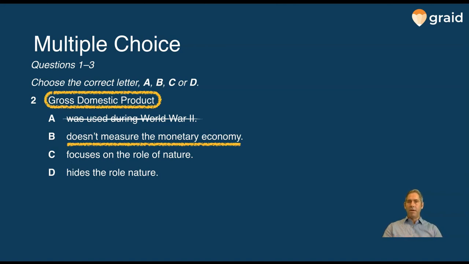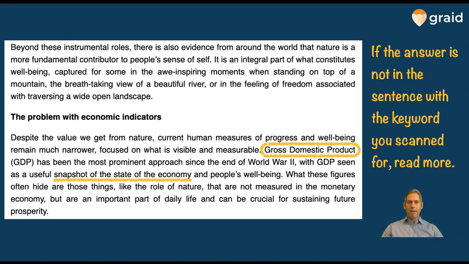We move on to B. Gross domestic product doesn't measure the monetary economy. Now you may make a prediction. Maybe you know from general knowledge that this isn't true, but let's just check as an example. So I can find something about the snapshot of the state of the economy.